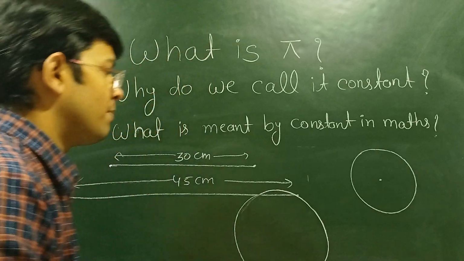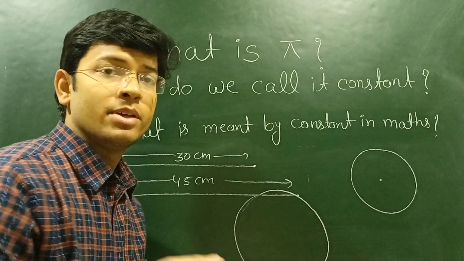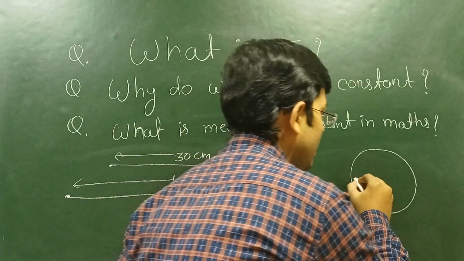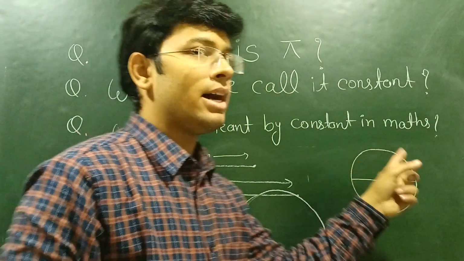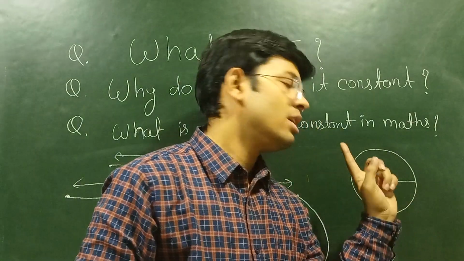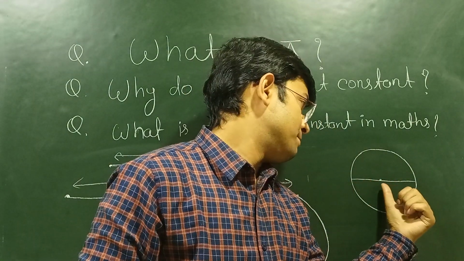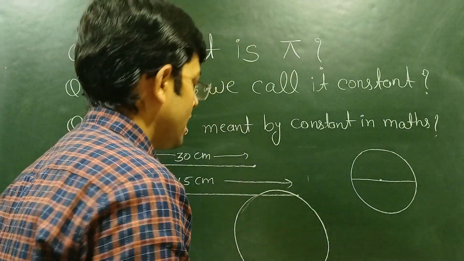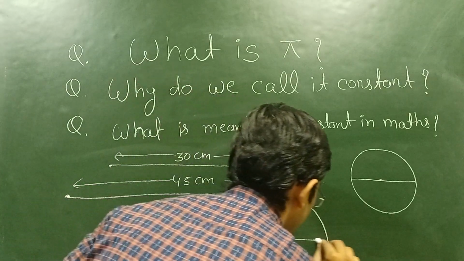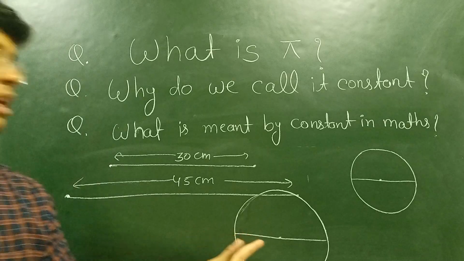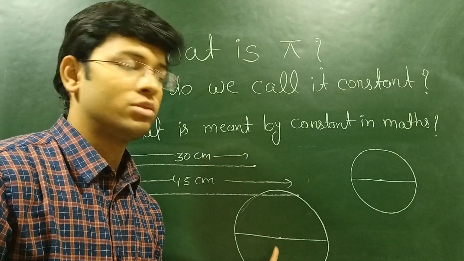The next step is to find the diameter of each circle. After making a circle with a thread, you have to measure the diameter, and you have to measure the diameter of the second circle also.